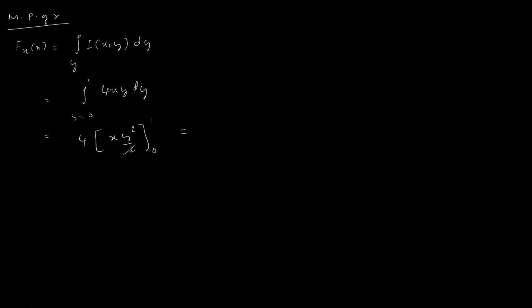So 2 and this get cancelled out. So this will be 2x and limit is 1 minus 0. So I'm getting the value as 2x. Therefore the marginal probability of x is 2x.